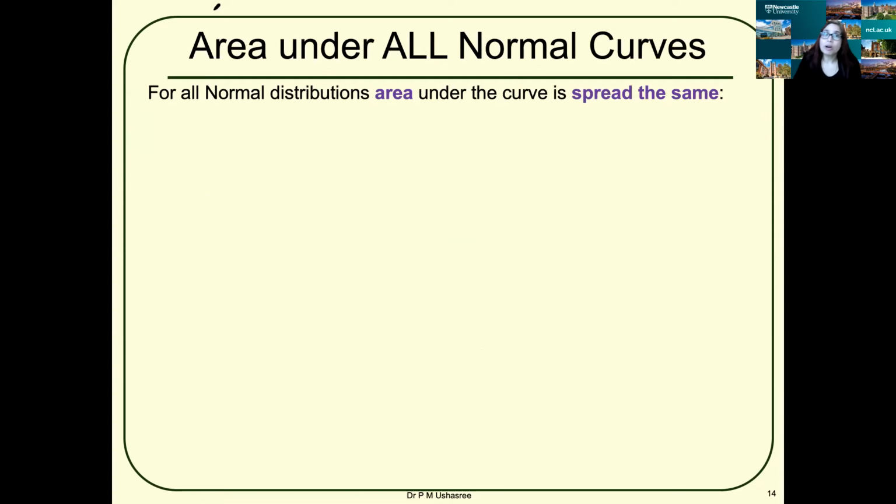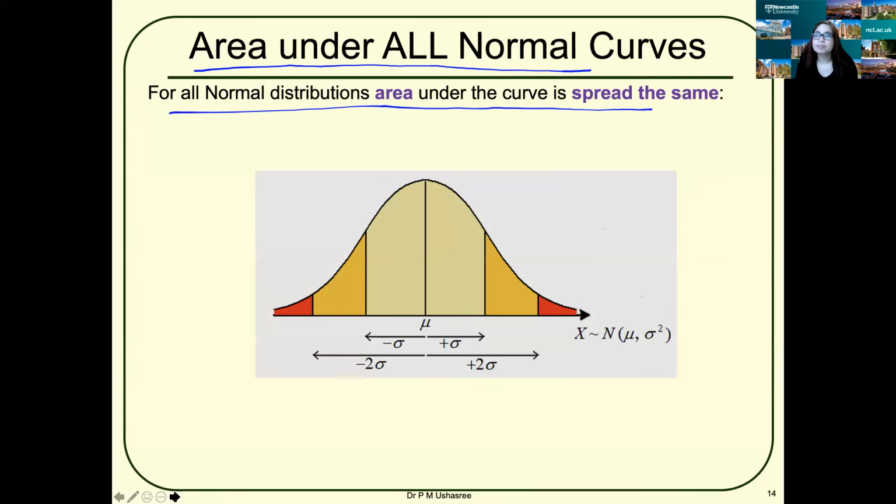Okay, so now the most important thing: the area under all normal curves is the same. That is, for all normal distributions, the area under the curve and the spread is the same.